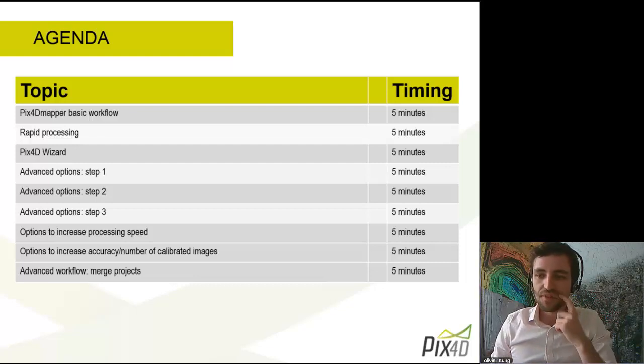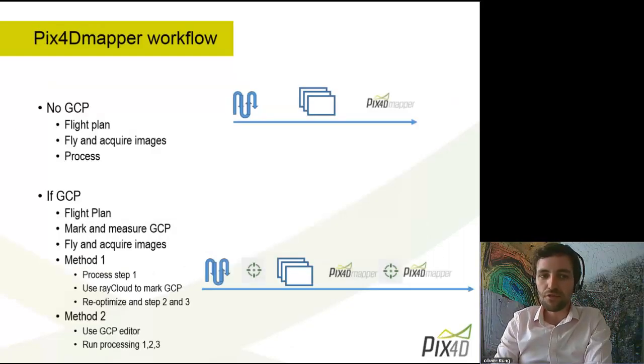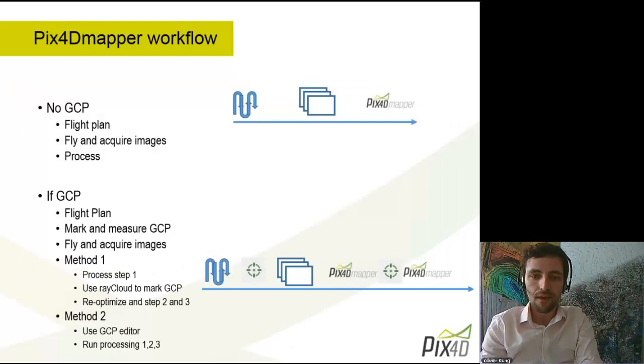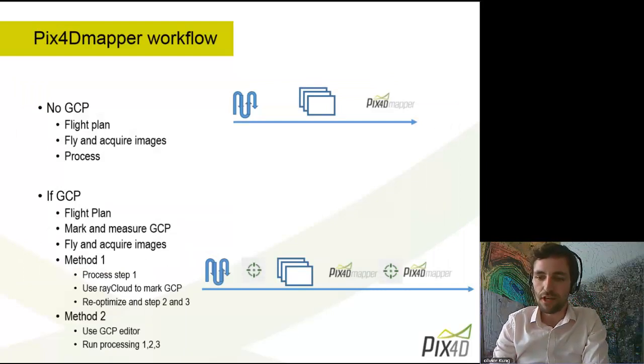All right, so the Pix4Dmapper workflow can be used in multiple fashions, but the easiest way of using it, if you're in the case where you don't have any ground control points, is to generate a flight plan using flight planning software that usually comes together with the UAV that you have.